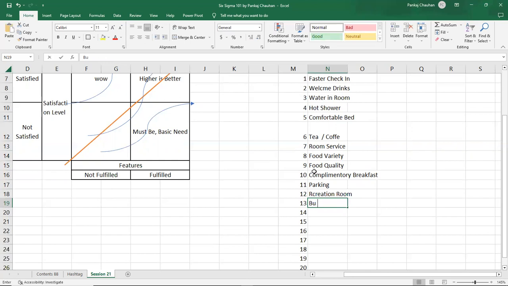Maybe if you are traveling for business, you are looking for the business center within the hotel. If you are traveling with kids, so probably a kids play area. Maybe you are looking for sightseeing, so you will be looking for a travel desk. Maybe you are looking for staff behavior because you will be interacting with them.